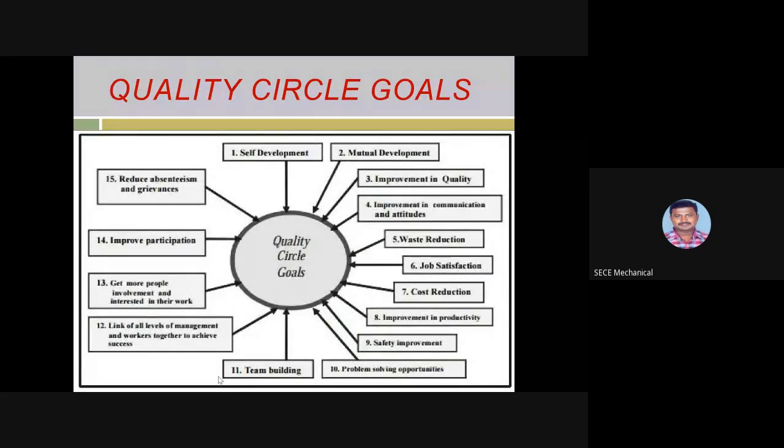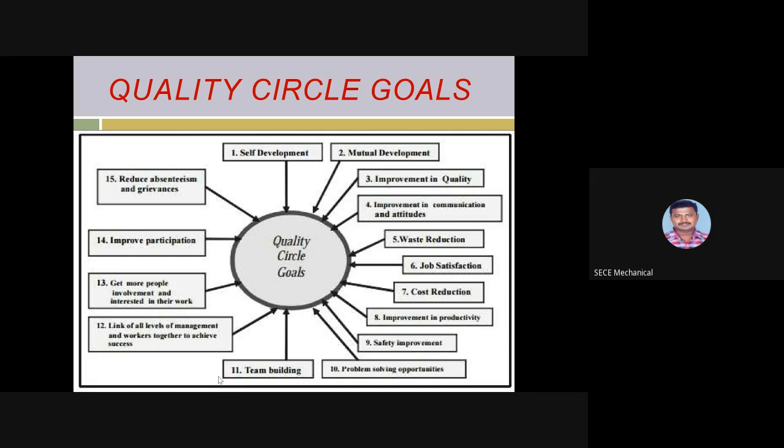And these are all the quality circle goals: self development, mutual development, improvement in quality, improvement in communication and attitudes, waste reduction, job satisfaction, cost reduction, improvement in productivity, safety improvement, problem solving opportunities, team building, linking all levels of management and workers together to achieve success, getting more people involved and interested in their work, improving participation, and reducing absenteeism and grievances.